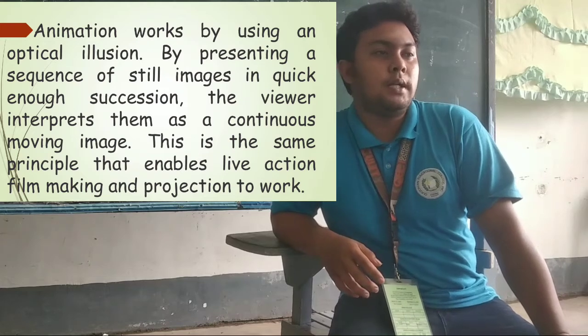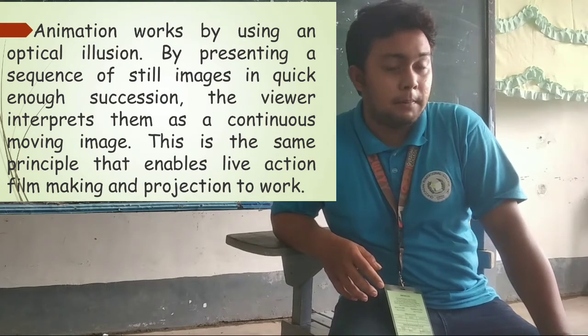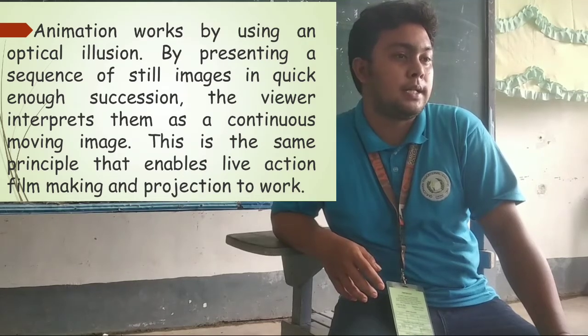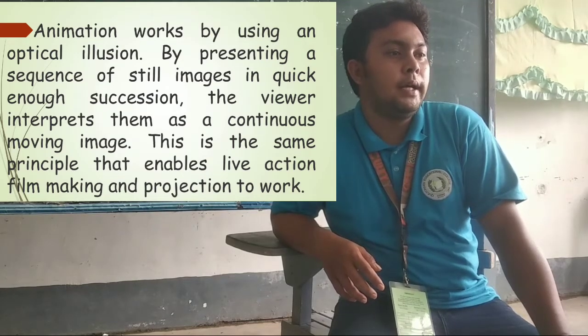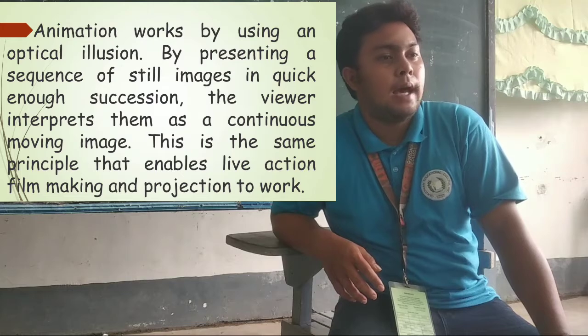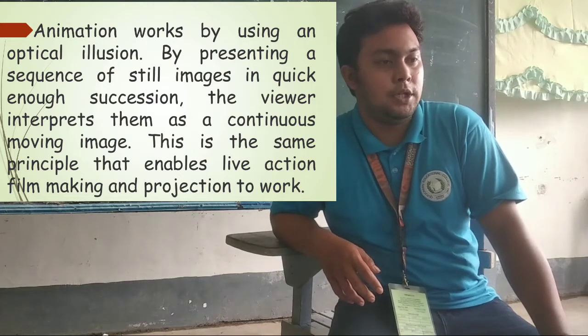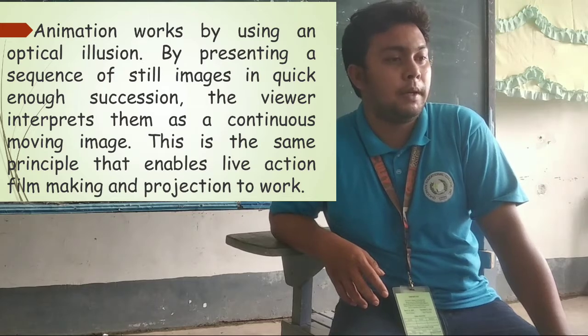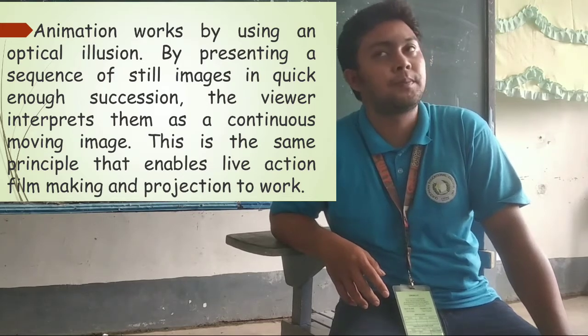Animation works by using an optical illusion, by presenting a sequence of still images in quick enough succession. The viewer interprets them as a continuous moving image. This is the same principle that enables live action filmmaking and production to work.